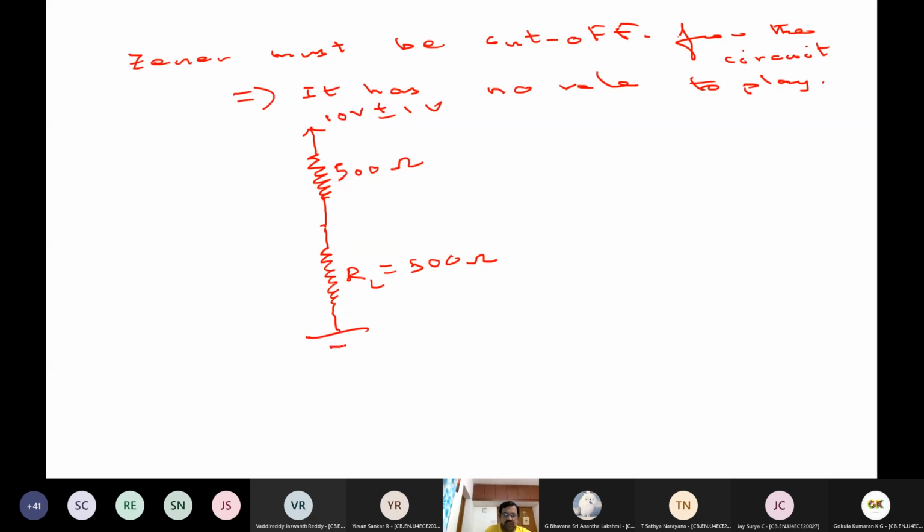Now the question asked is very simple. Both resistors are equal, this is 10 volt, this is ground, so this voltage V0 must be equivalent to 5 volt. No rocket science, right? 5 volt will be the answer with Vin equal to 10 volt.